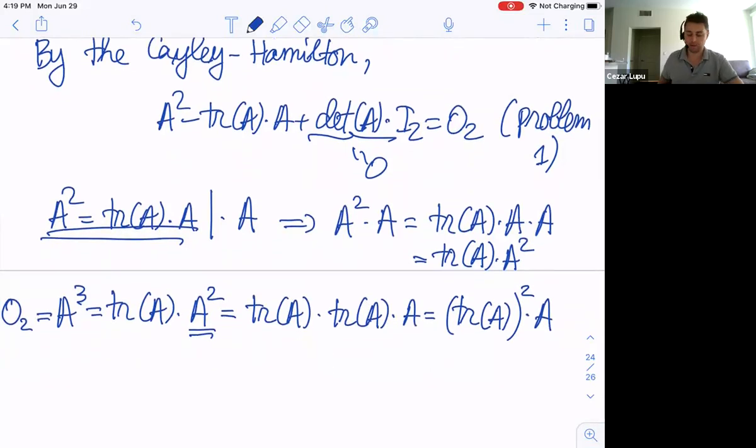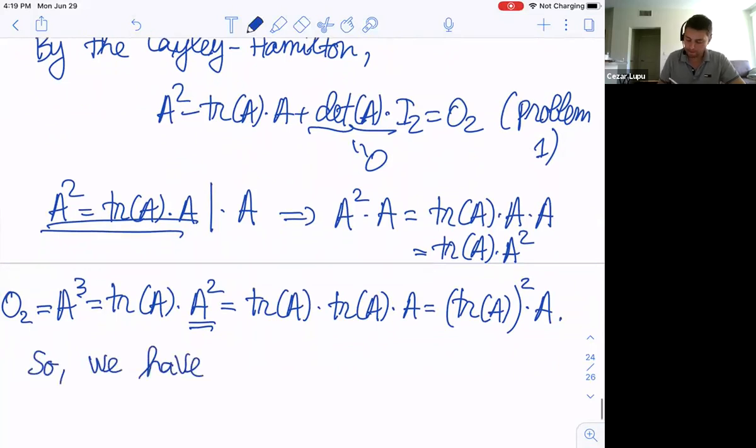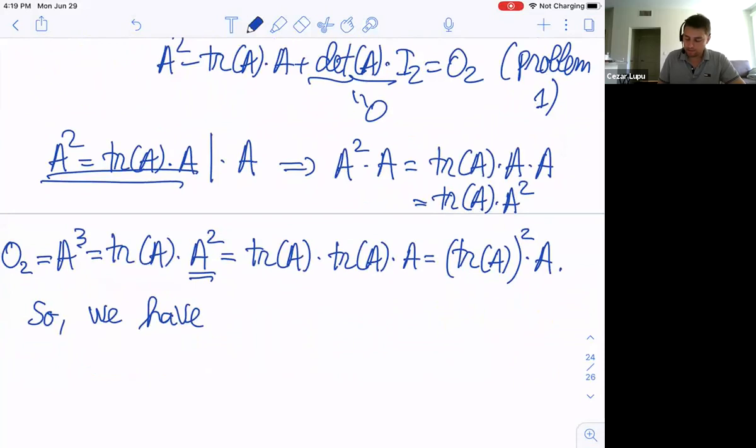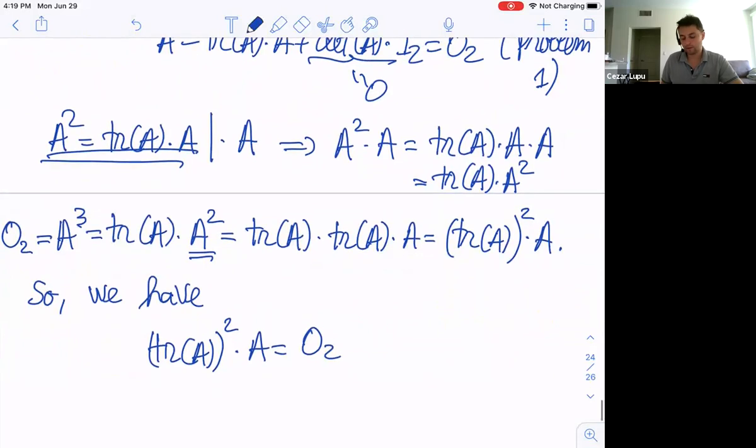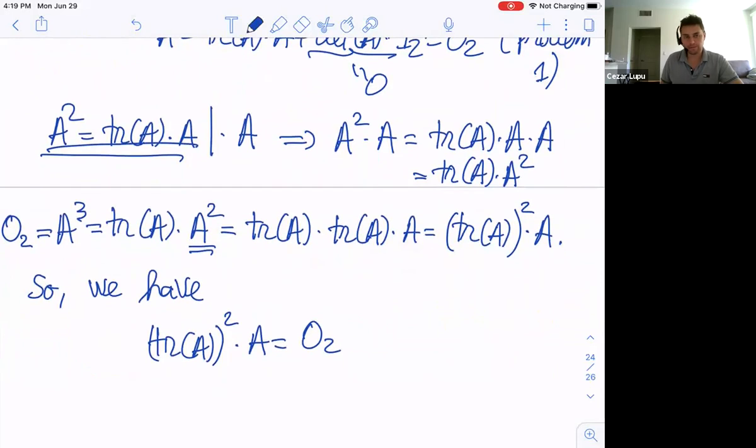So now I have the following. So we have that trace of A squared times A is the null matrix, right? So this is the null matrix. And I have two options here.